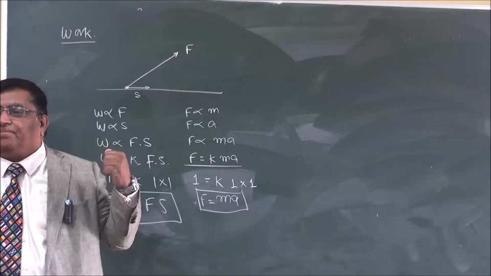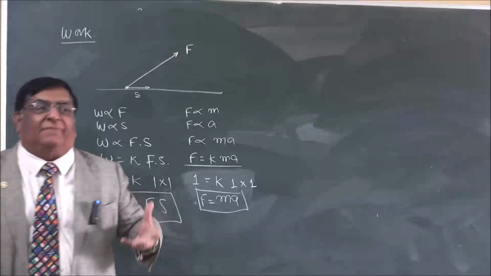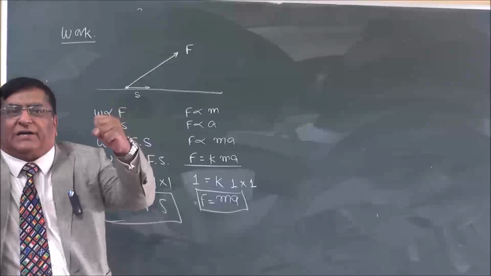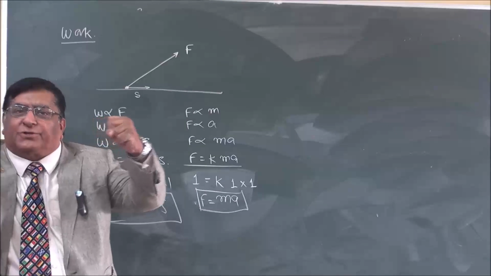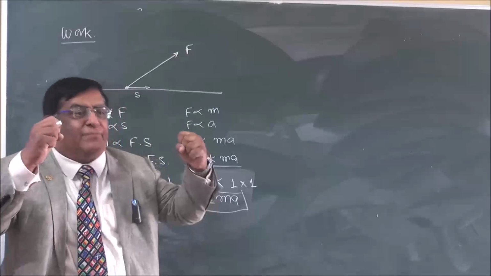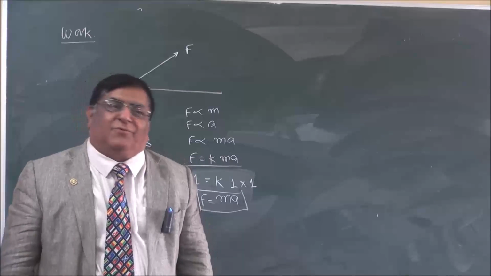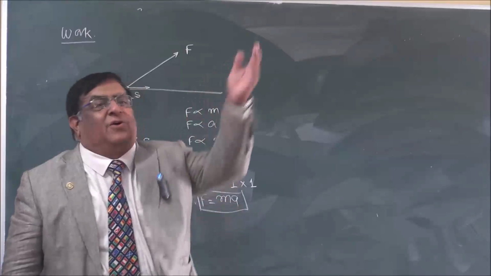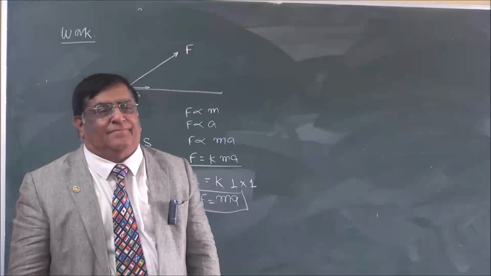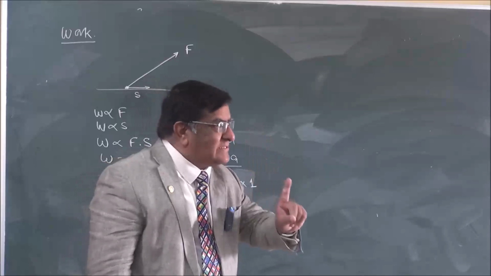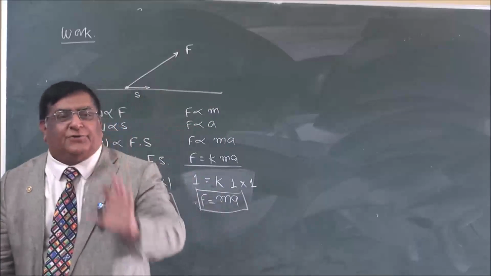That is defined. After that, whenever we have to do work, if we have 2 charges at 1 meter and push or pull them, some work is done. There we cannot make K equal to 1. We have to find the work by something, and that constant will be different, because any quantity is defined once, when we initially introduce it.